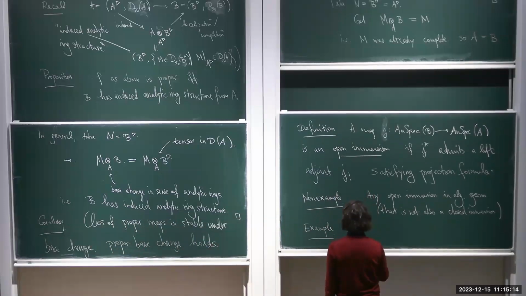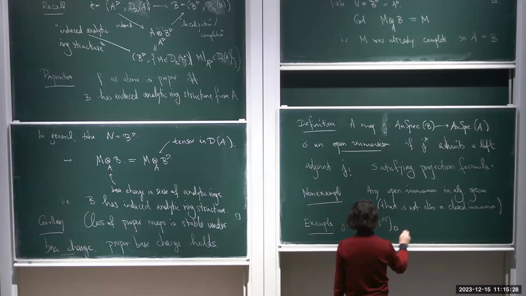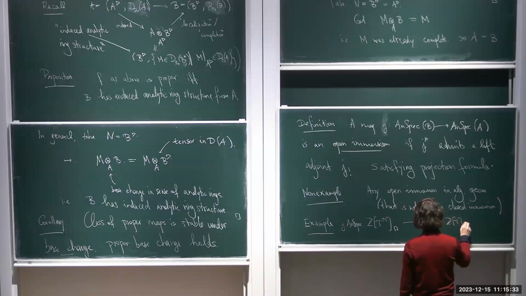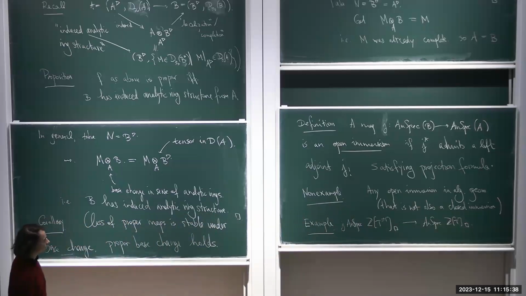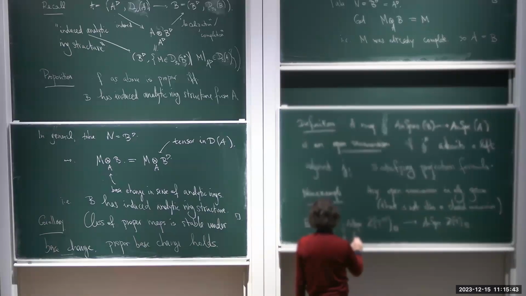Here's one example: the Spec of Z[T^{±1}] solid. This would be an example. Or also, and sometimes more primitive, because this one can be realized now as a base change of this one.